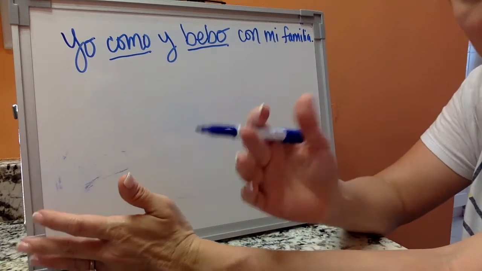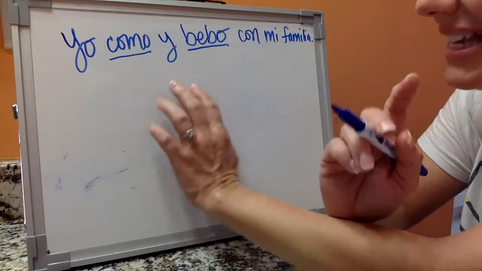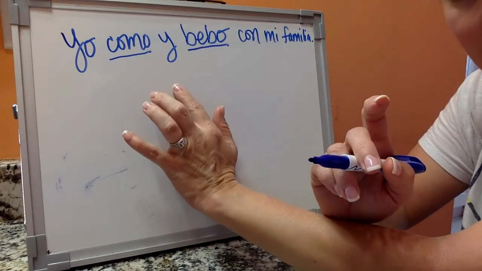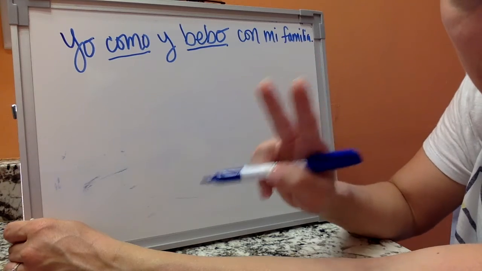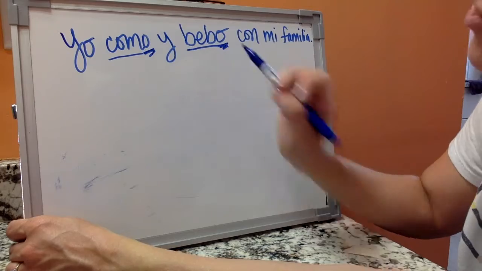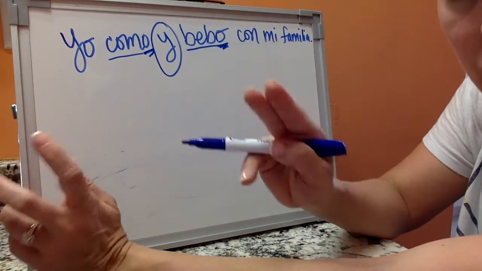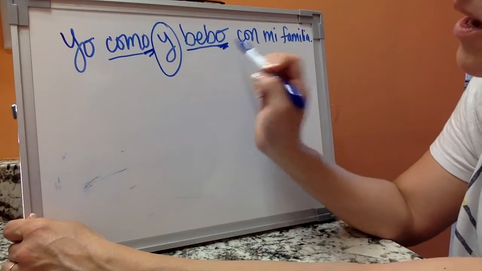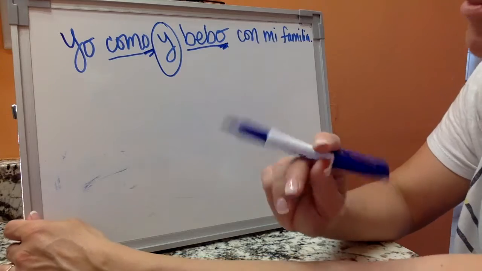So I just said you can't have two conjugated verbs in the same sentence. But in this sentence, I can here because what I have are two complete sentences, basically two independent clauses. So I eat and I drink, okay? So this and right here, or a conjunction, is what we use in order to make compound sentences, if you guys remember that.